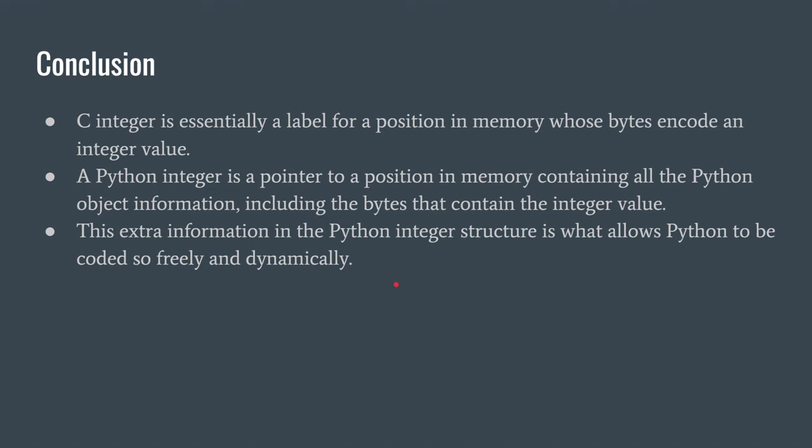A C integer is essentially a label for a position in memory whose bytes encode an integer value. Whereas a Python integer is a pointer to a position in the memory containing all the Python information, including the bytes that contain the integer value. This extra information in the Python integer structure is what allows Python to be coded freely and dynamically.